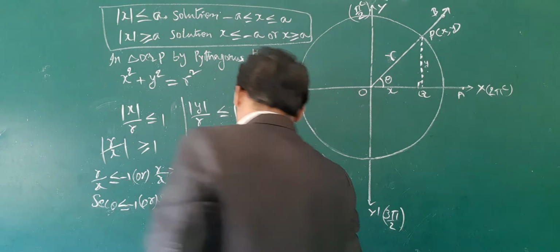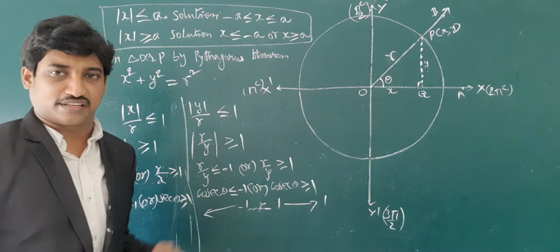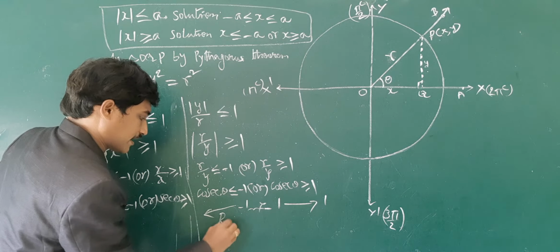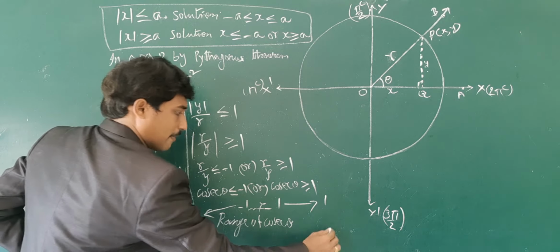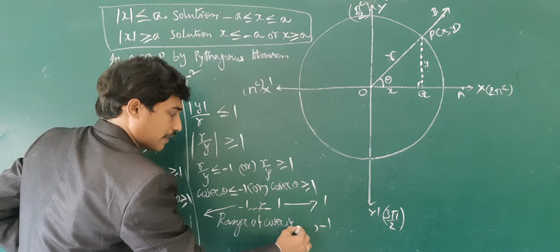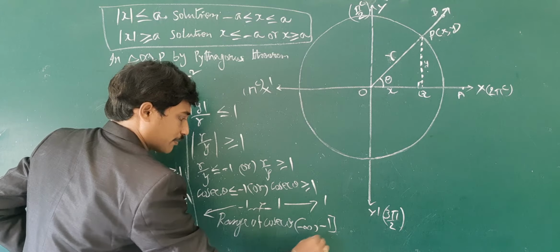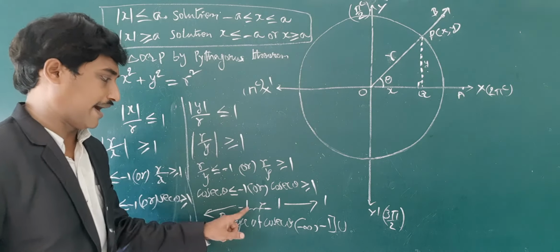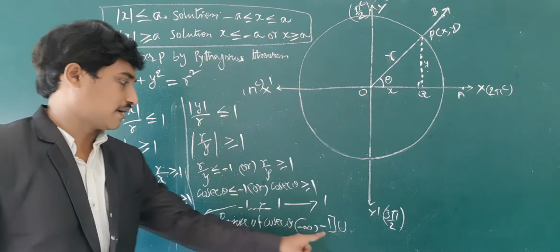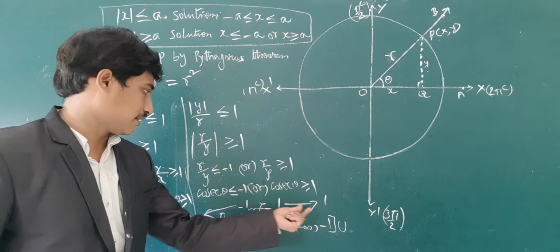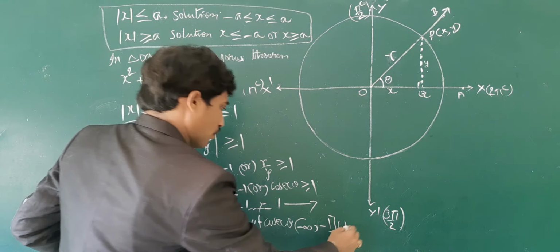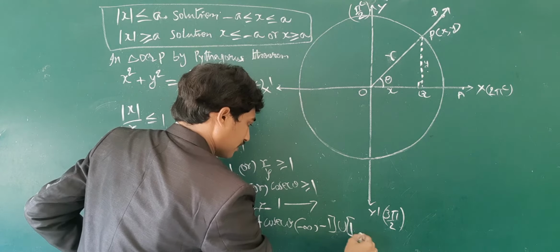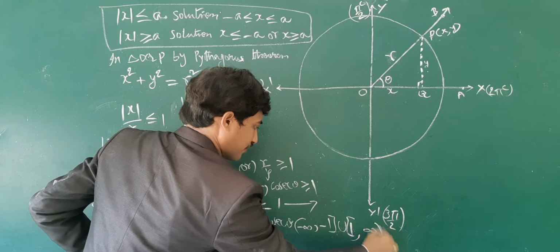So we can write the range of cosecant theta like this: minus infinity to minus 1, closed bracket, union 1 to infinity.